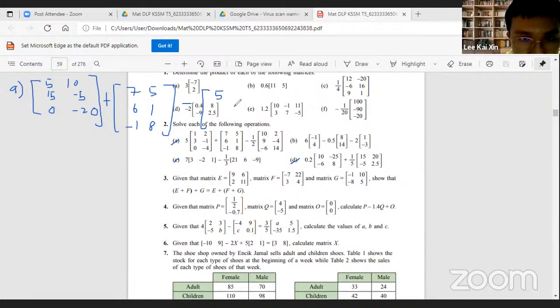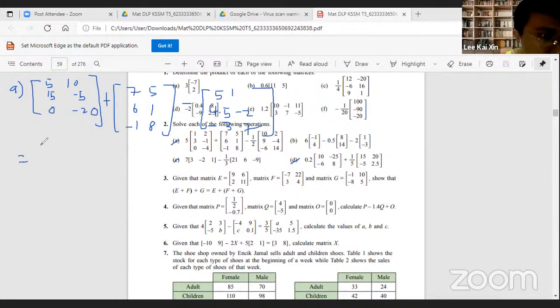Half times 2, it's 1. Half times 9, it's 9 over 2, you can put 4.5. Half times negative 4, you get negative 2. Half times negative 6, you get negative 3. Half times 14, you get 7.